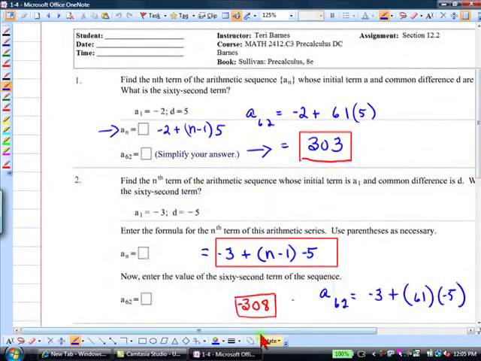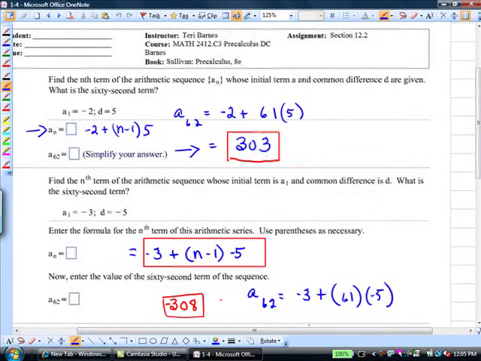Find the nth term of the arithmetic sequence whose initial term A and common difference are given. So it tells us that a sub 1 is negative 2 and that d is 5. Okay? So it wants you to come up with just the generic a sub n thing.